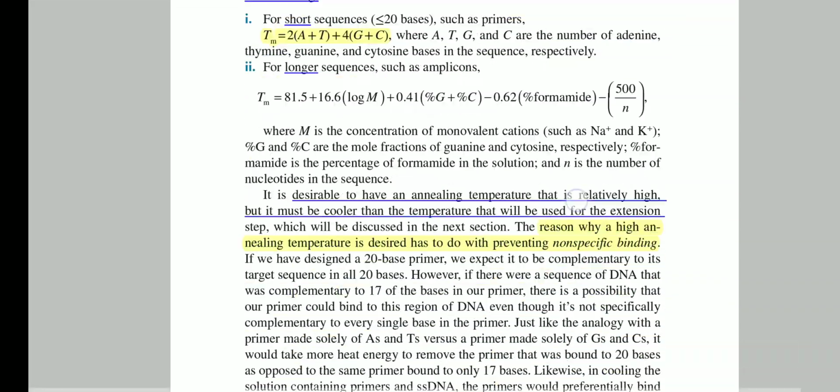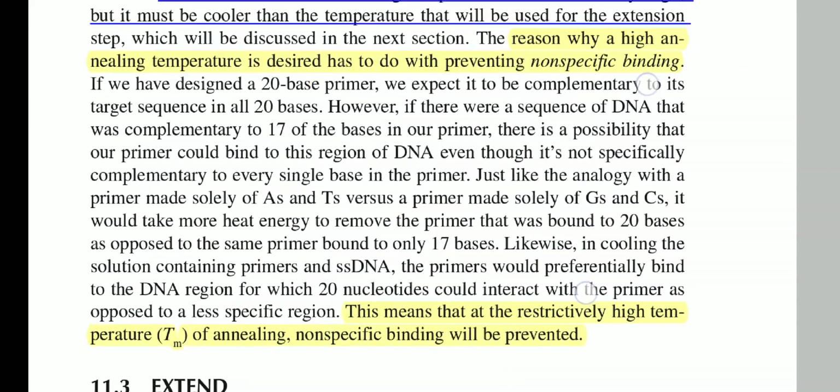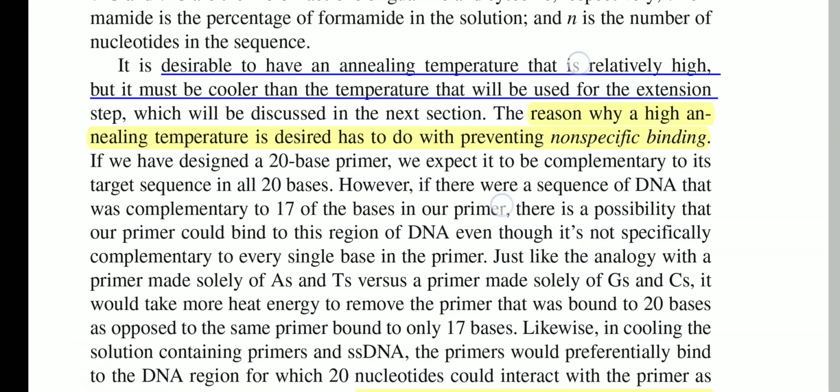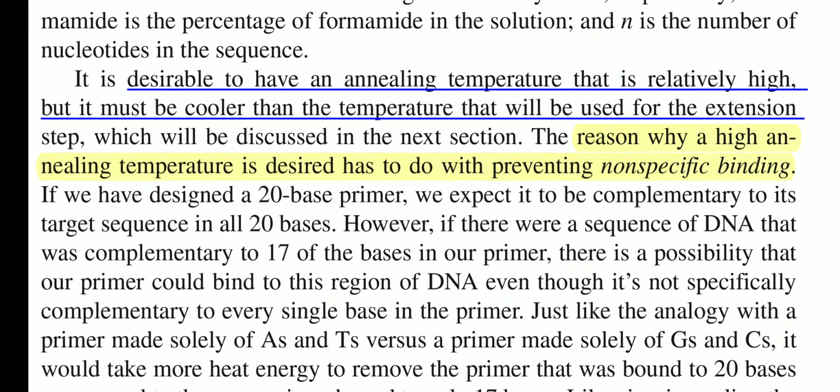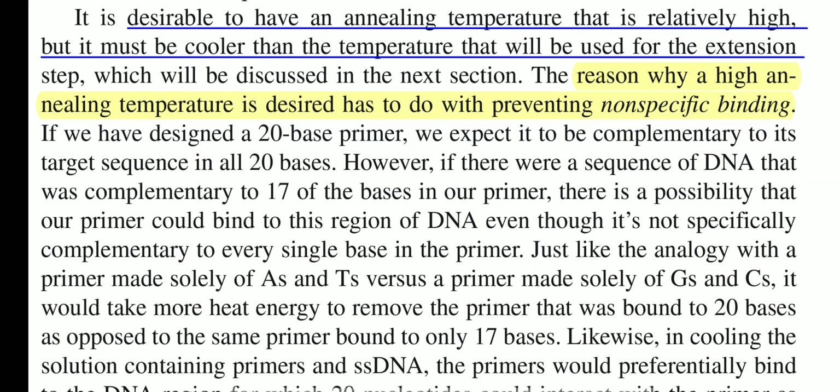Now this is the formula, and it is also written why it is desirable to have an annealing temperature that is relatively high, but it must be cooler than your temperature for extension. So extension temperature is always higher than your annealing temperature, but we should not decrease our annealing temperature too low, because it will also decrease your specificity.